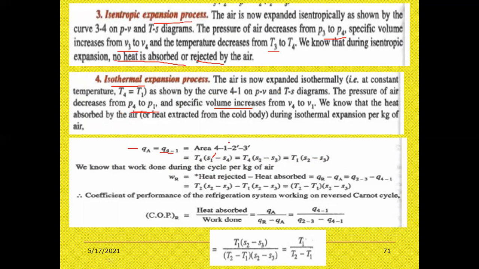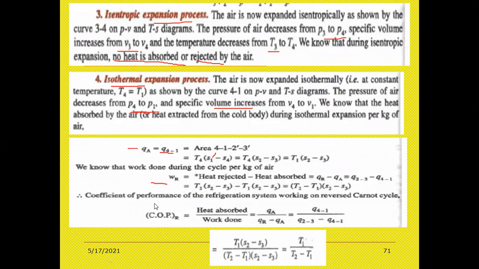Now, by taking the derivation, which we already discussed in the last class, the work done during the cycle per kg of air is equal to heat rejected minus heat absorbed, that is QR minus QA, which equals Q2-3 minus Q4-1. Heat rejected is T2(S2 - S3) minus T1(S2 - S3), which, taking common terms, equals (T2 - T1)(S2 - S3).